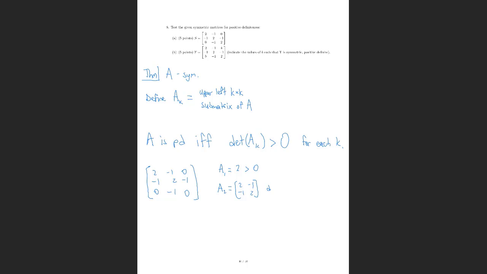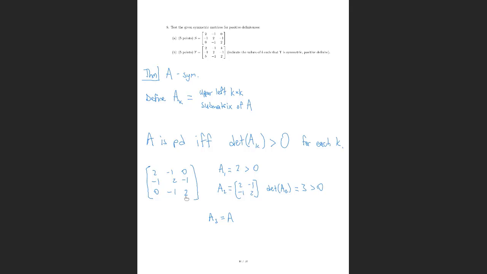We want to compute its determinant and check if it's positive. The determinant is 3, which is positive, so that's good. And then finally, A3 would just be the upper left 3 by 3 submatrix, meaning A3 is A itself. And you know what? I keep writing zeros for some reason. That was a 2, wasn't it?